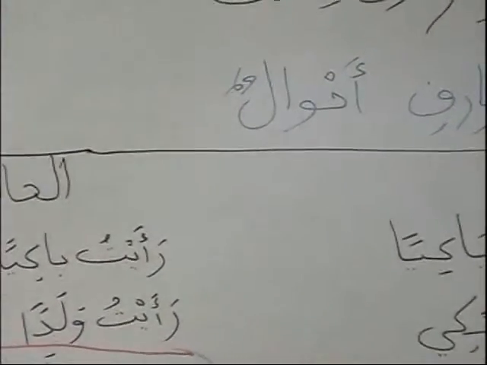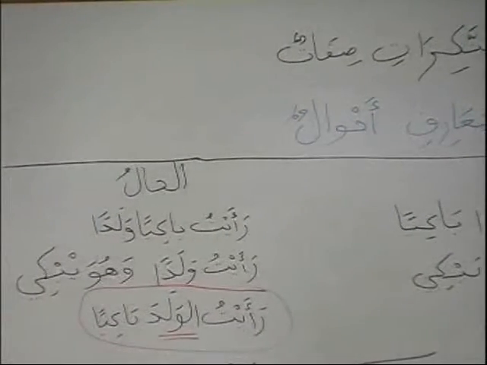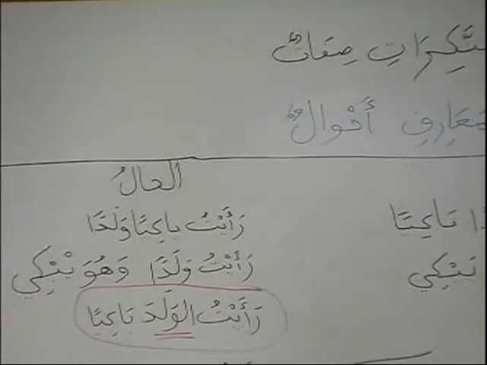Ra'aytu al-walada. What is al-walada? Definite. Then the naat came, baqiyan. Make that into indefinite. Then you have to bring forward the hal. Got the idea? Are you understanding me? You have to keep that in mind. This is very, very important.